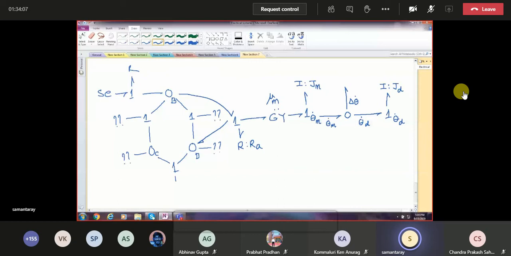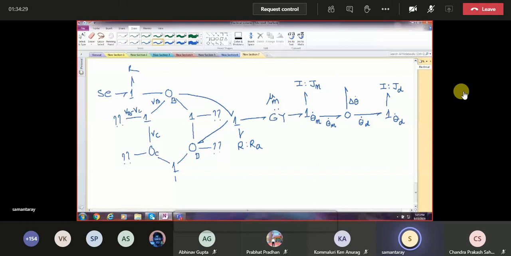So whenever we are taking difference between two speeds, we are using zero junction. Whenever we are taking difference between two efforts, B minus BC, we are using one junction.